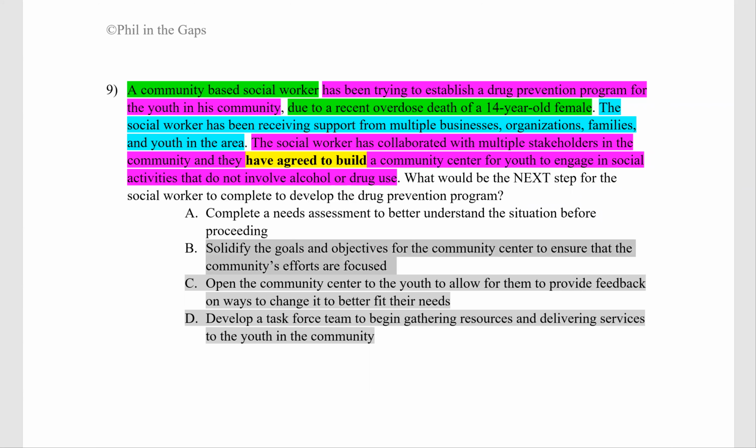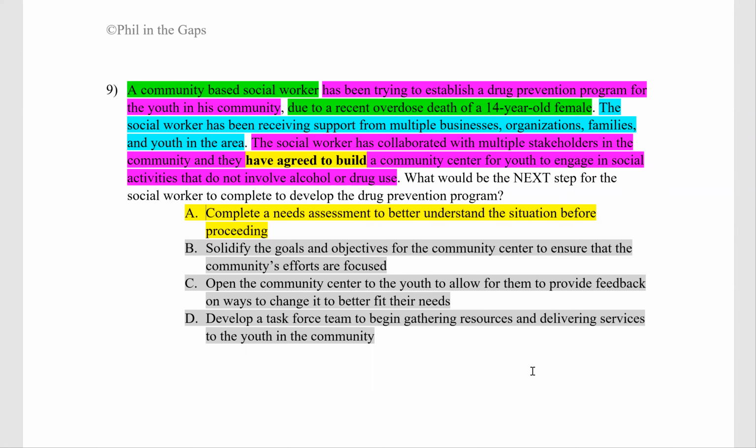So for that particular reason, we're going to rule out B and go with A. A is saying, okay, you guys agreed to build this. Let's assess particularly how we can get the job done. And then we start establishing the goals and objectives and what particularly can get done. But do not jump to conclusions too fast, because at the end of the day, the process is: establish that rapport, assess, then develop the goals and objectives, then develop the task force team, then solidify the action plan and get the job done, and then the final is execute and evaluate.